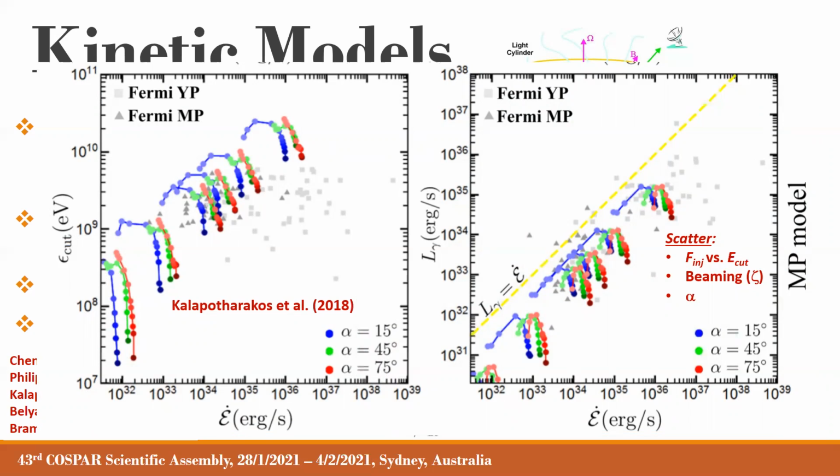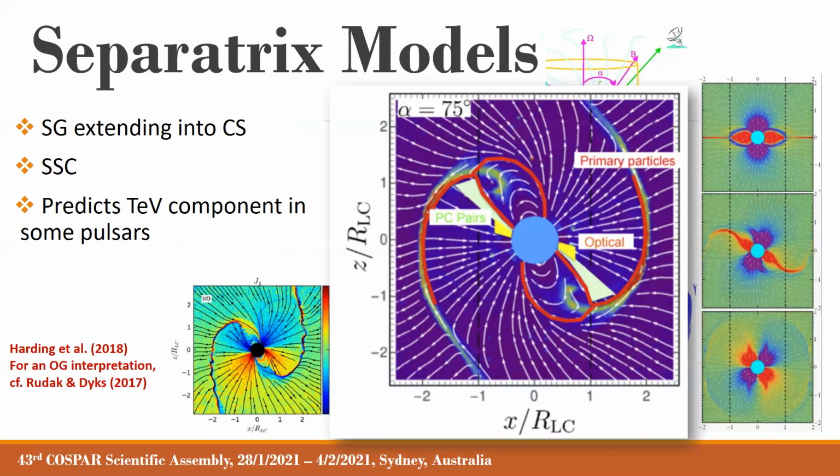And therefore, one can see that there's a lot of scatter, and one can actually find optimal models that correspond to data. Mostly, if one actually looks at the gray dots, those are from the Fermi catalog for young and millisecond pulsars. And one can see that there's optimal parameters that would reproduce these types of energetics and also then the light curves for those pulsars.